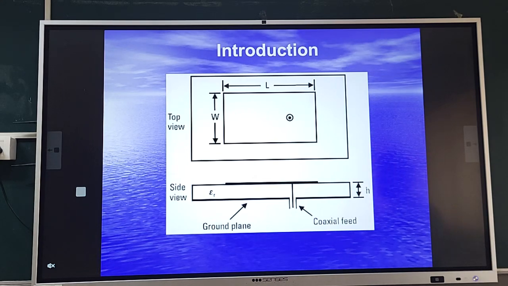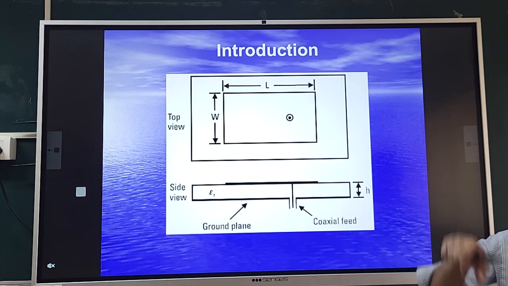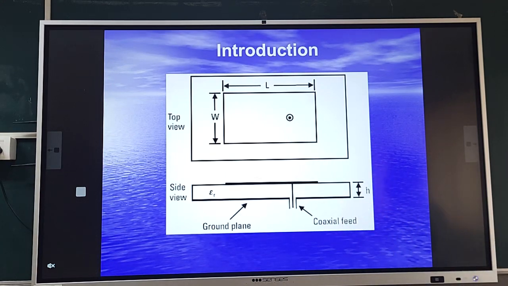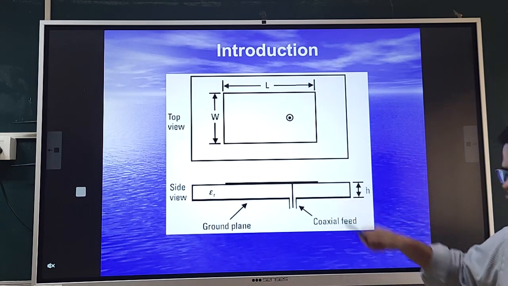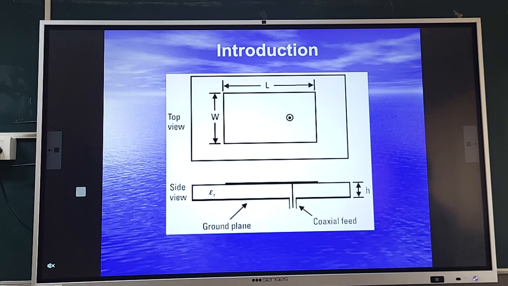Because as a layman, when you want to design an antenna, what you want to know is the size of the antenna, the operating frequency, and very importantly the radiation pattern and the gain which you can get. Because from the practical applications, whenever I am deploying that antenna in any particular device, these parameters are very important: radiation pattern, gain, as well as bandwidth. So for that, the choice of substrate is very critical.